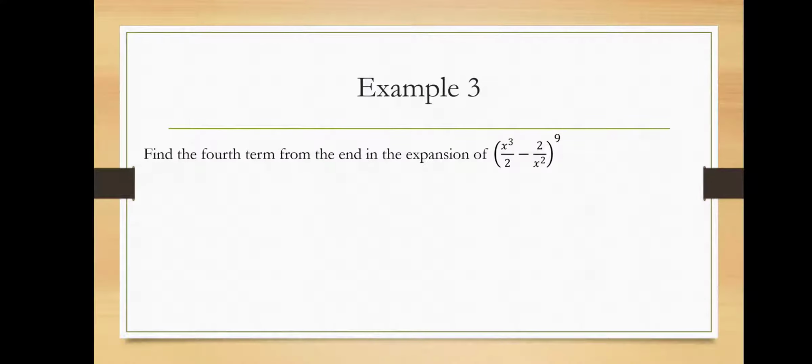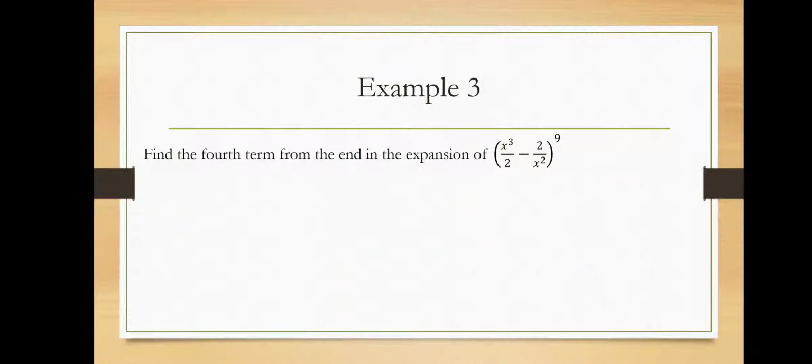And the best thing is to just reverse the order of the binomials. So if I reverse the order of the binomials, then what happens? The fourth term from the end becomes the fourth term from the beginning, and so then we can follow the only formula which we know, so we don't have to learn a separate formula to find the fourth term from the end.